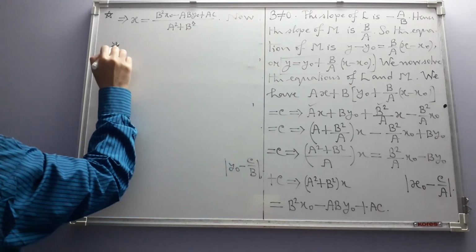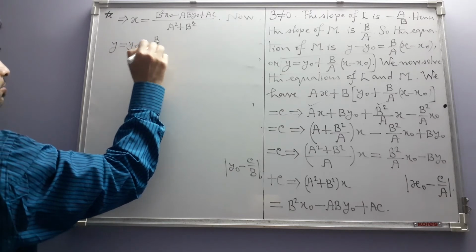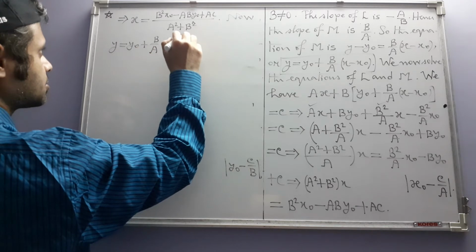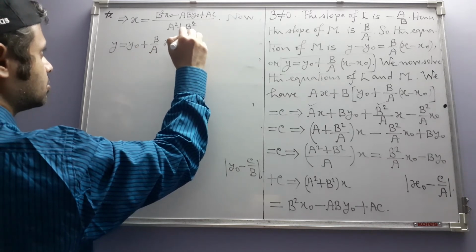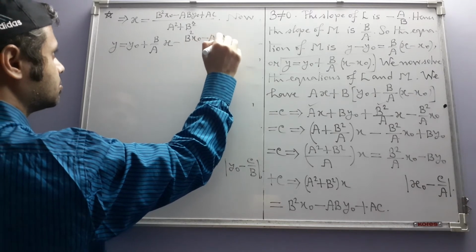Now y is equal to y naught plus b over a into x minus, we should do it very carefully.